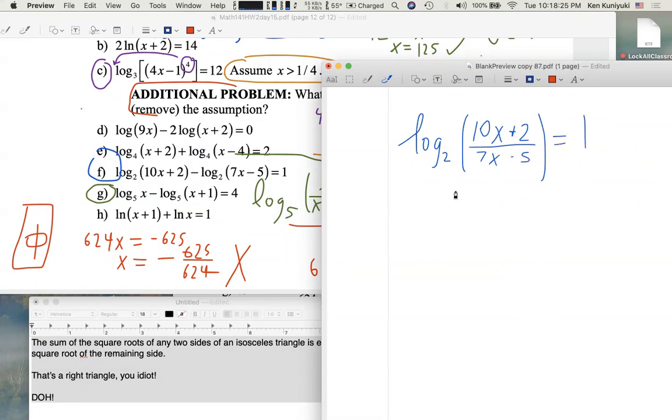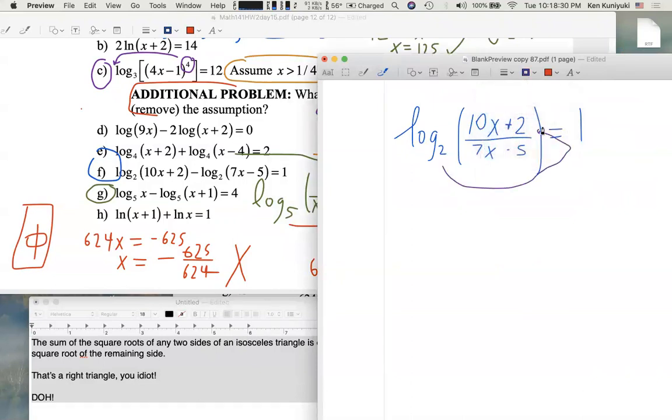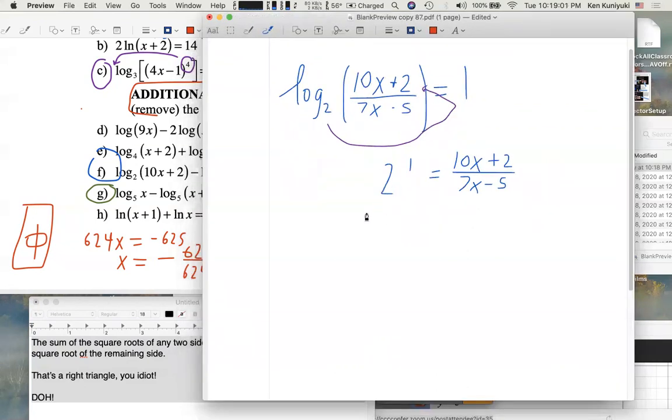Not much to do with that. So you've got to zigzag pretty much, right? 2 to the first equals that thing. I know you're supposed to line up the equals, so okay, I'll line up the equals. That's 2.